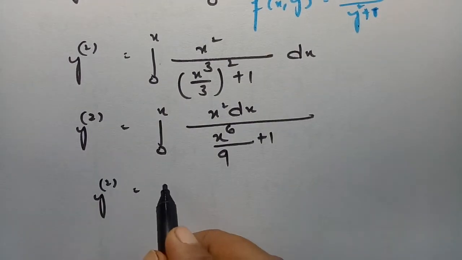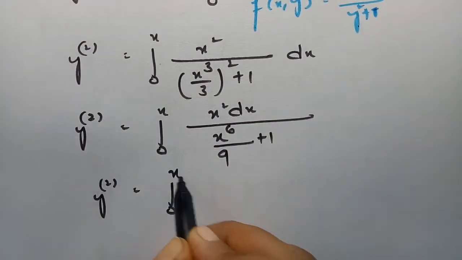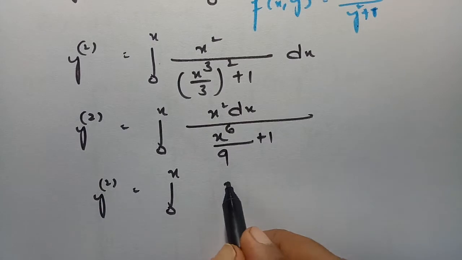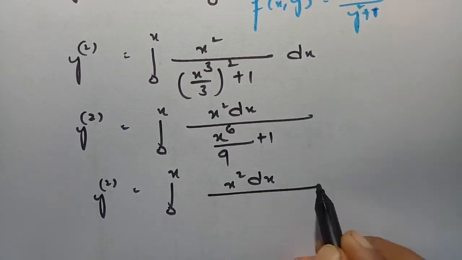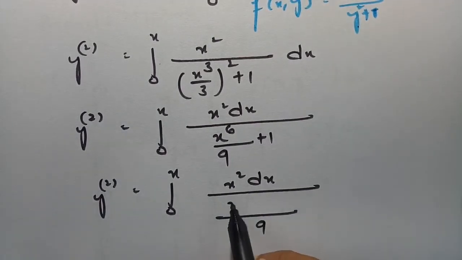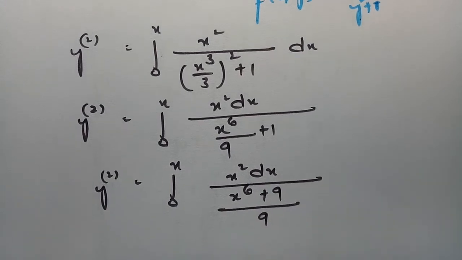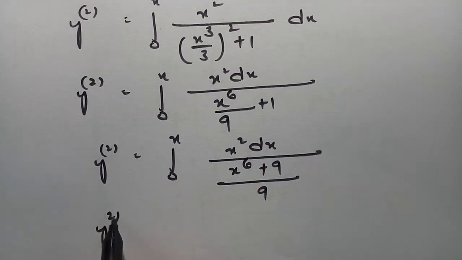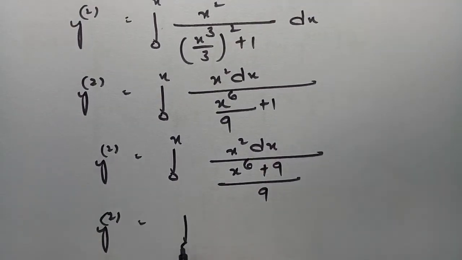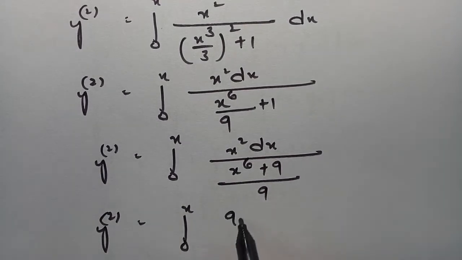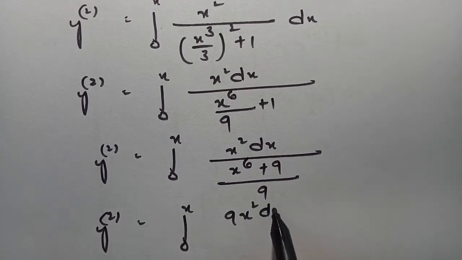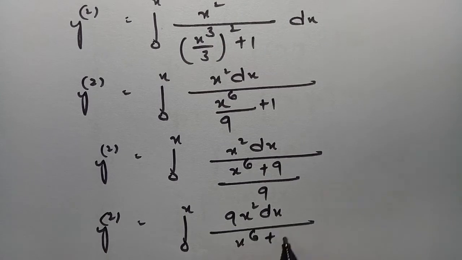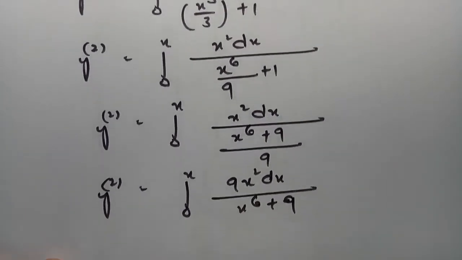So y at second iteration is integral 0 to x. If I take LCM, that is x square dx by, again if I take 9 as LCM, x power 6 plus 9 over 9. If I send the 9 to the numerator, this is 9x square dx by x power 6 plus 9.